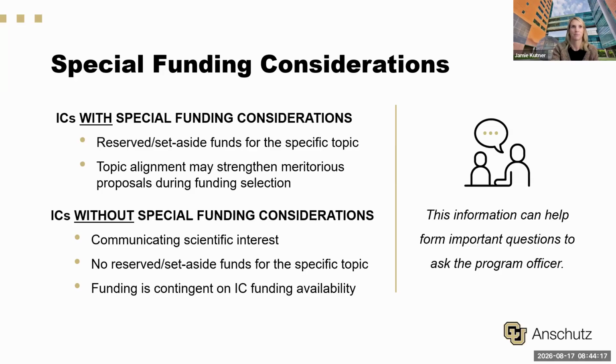All of this is really important information and can really inform the basis of some of those questions you can take to the program officer. Is there dedicated funding? What does that mean? How can I align? And we'll get more into that.